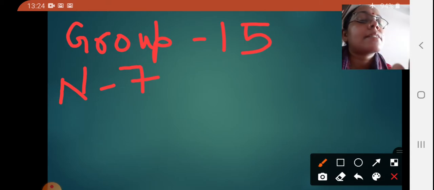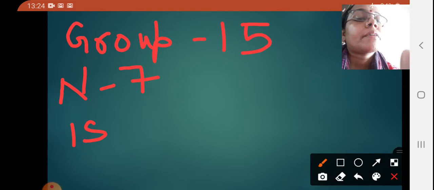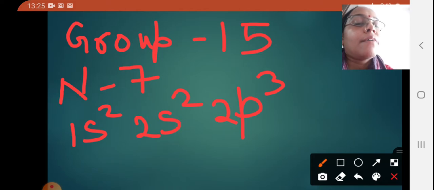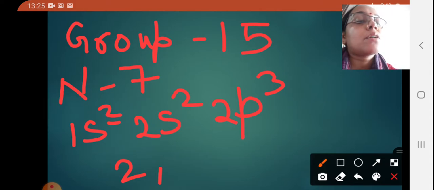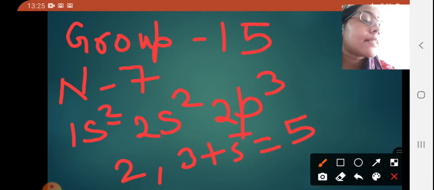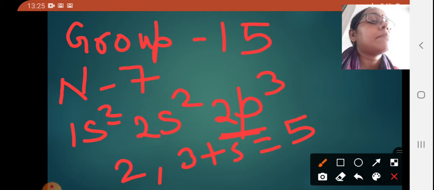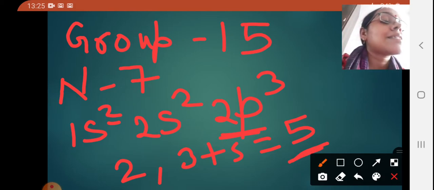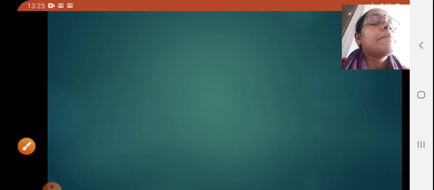When we write its configuration, it is 1s2, 2s2, 2p3. The first shell has 2 electrons, and the second shell has 3 plus 2, that is equal to 5. You can see the last electron is going in P, so it is a P block element and its outermost shell has 5 electrons.